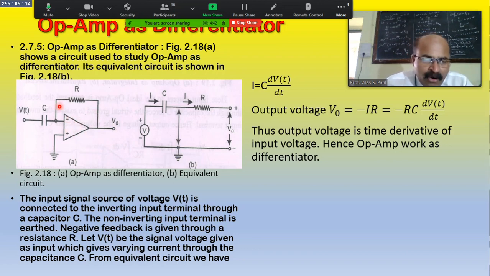We know that in an operational amplifier there are two terminals. One is the inverting terminal, shown by a negative sign. The other is the non-inverting terminal, shown by a positive sign. But look keenly here: the non-inverting terminal, connected to the positive sign, is grounded.